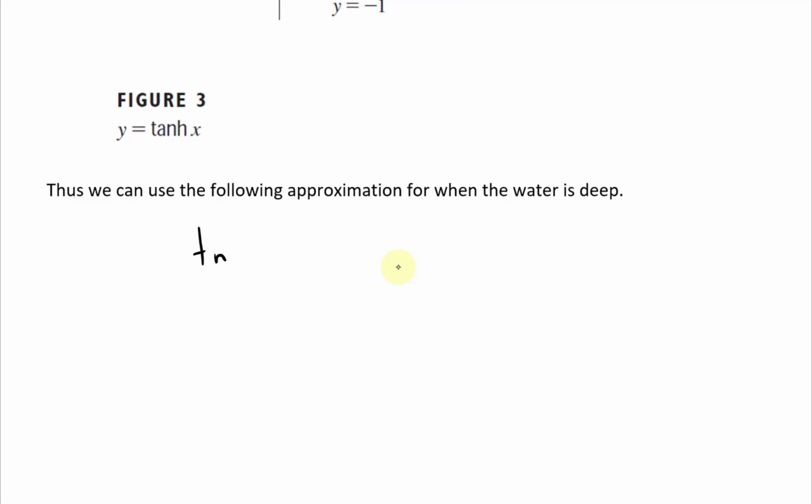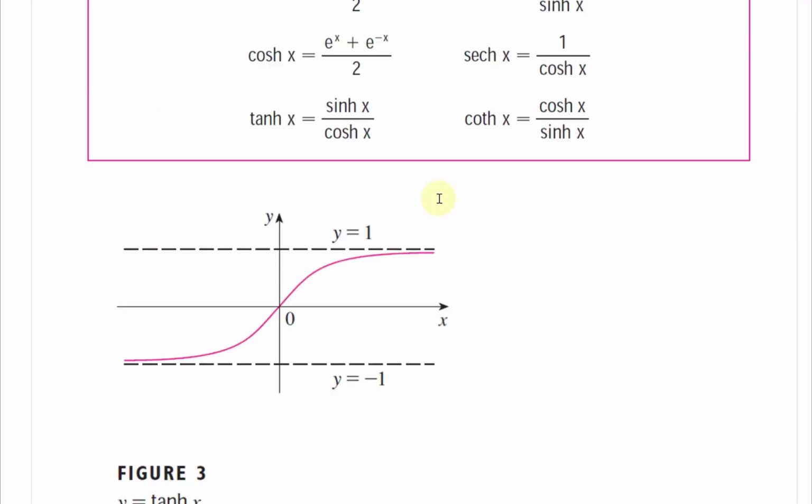So this is the hyperbolic tangent of 2 pi d over L. If d is much bigger than capital L, so it's very deep, this is going to be approximately equal to 1. Thus, our formula, that's our formula over here.